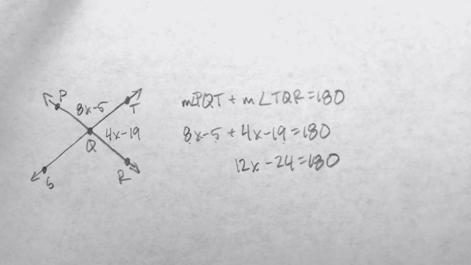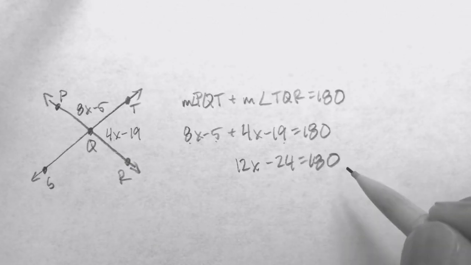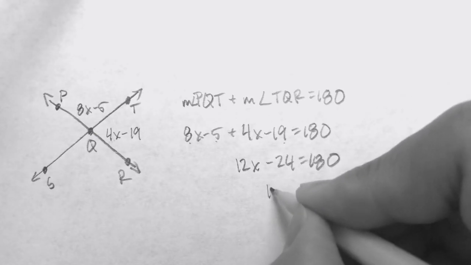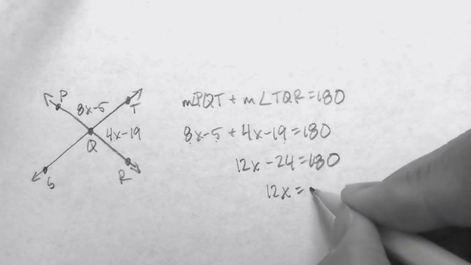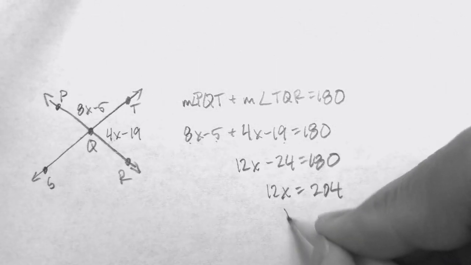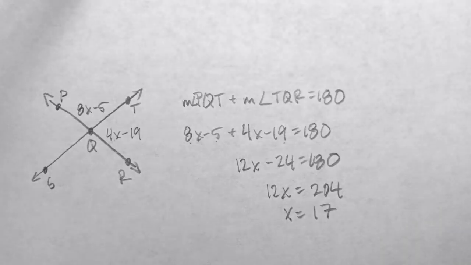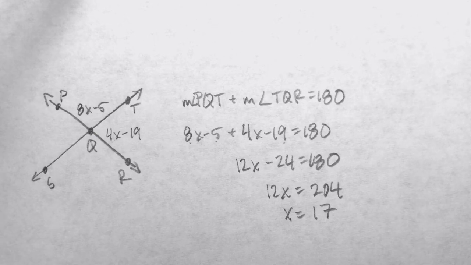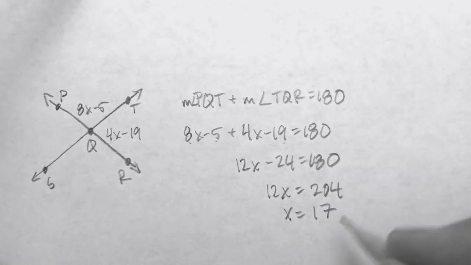Now we just solve for x. We add 24 to the other side, so that gives us 12x equals 204. When we divide by 12, x equals 17. However, we want to find the measure of PQT, so we have to plug it back in.